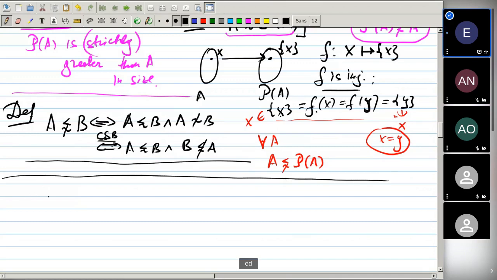Assume that we are interested in two sets: naturals, integers, and rationals. Clearly, they are included to each other this way. N is included into Z, Z is included into Q. Do you agree? Yep.